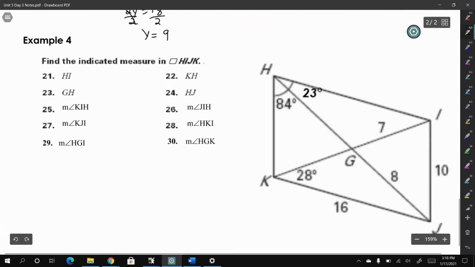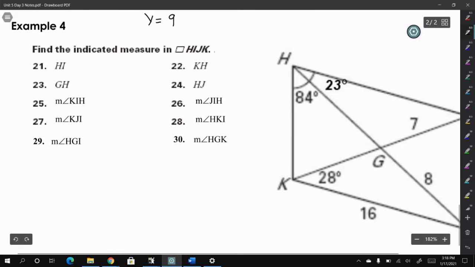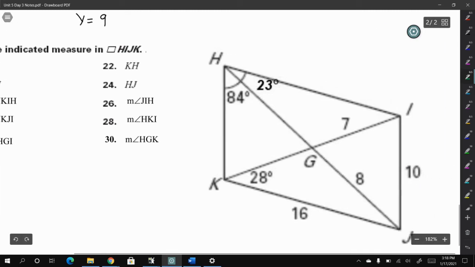The last problem, there's a lot going on here, so let's really try to focus and only solve for what we need to solve for. So the first one right here, 21, says find the length of HI. Well, HI is this.